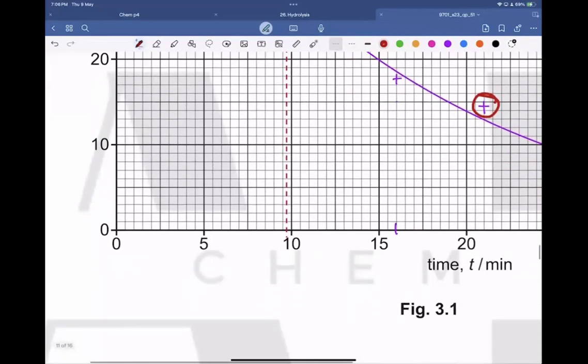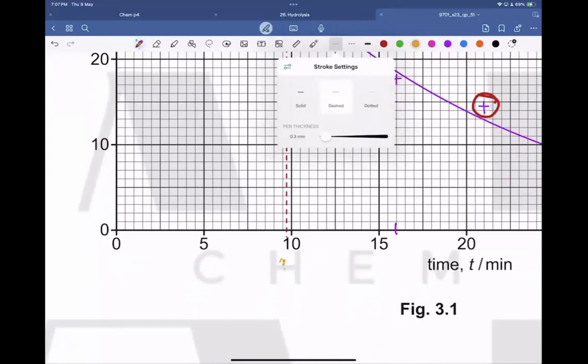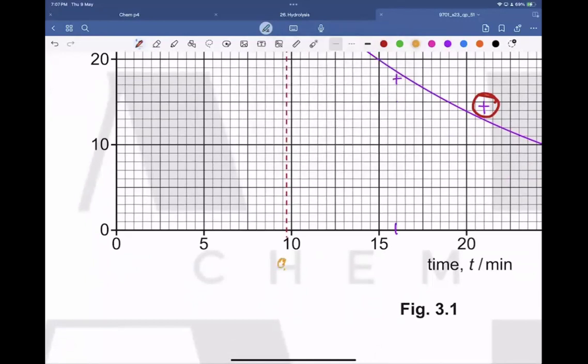So we are getting the time 9.5 for the first half-life, right? Now what is the half of 28.6?